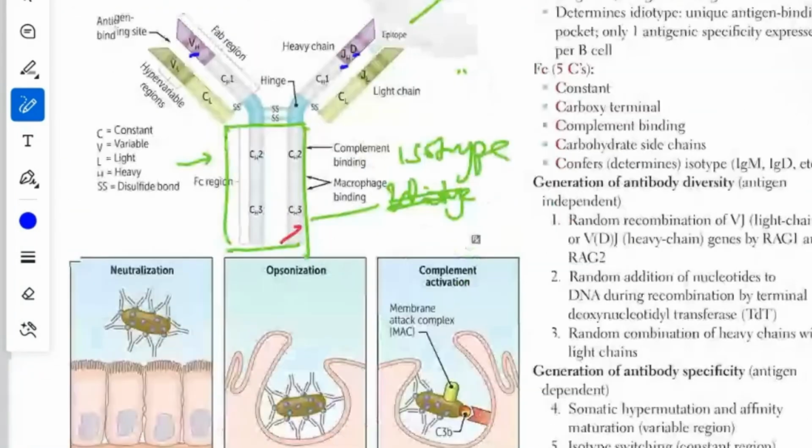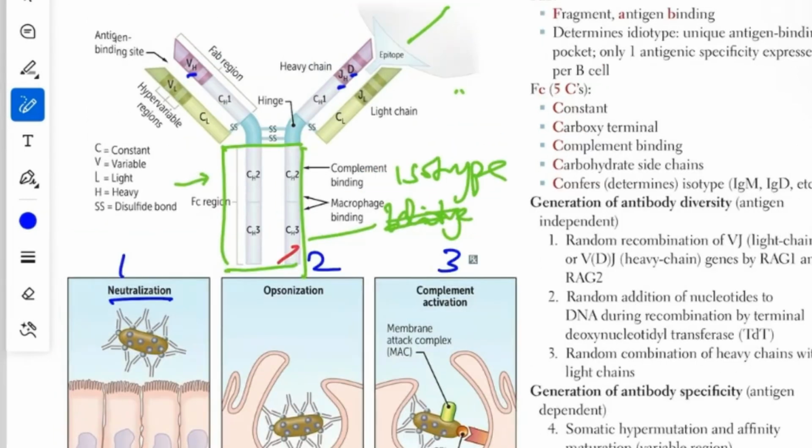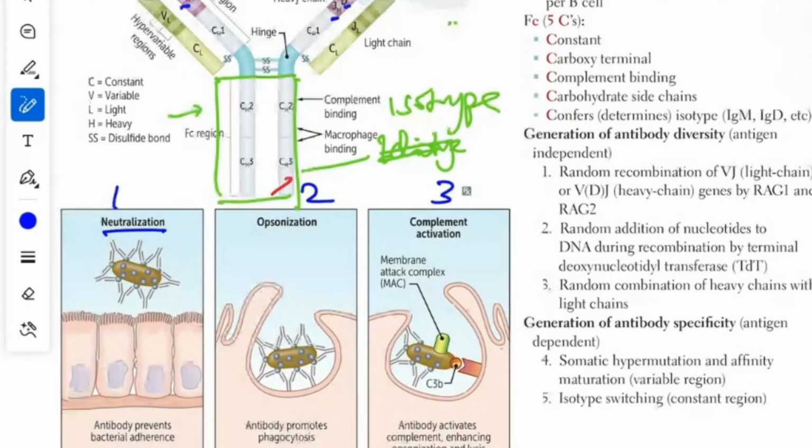Right. And then also notice that the antibody has three main functions, and these three main functions are carried out by three different parts of the antibody structure. So look at neutralization. Neutralization is when the antibody prevents bacteria from adhering to the surface of the cell, right? So these are the cells here, and this is the bacteria.